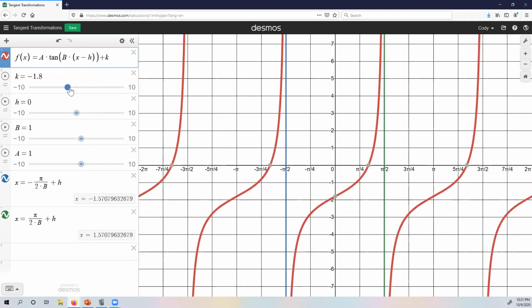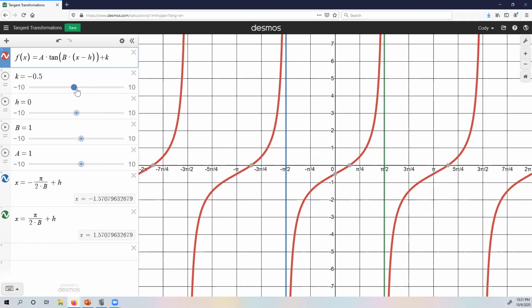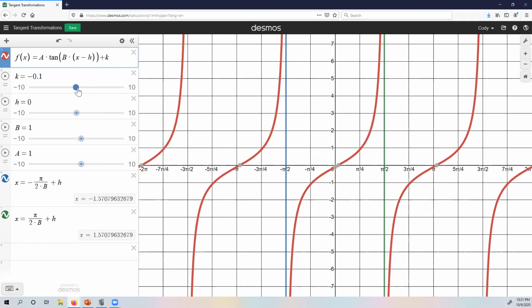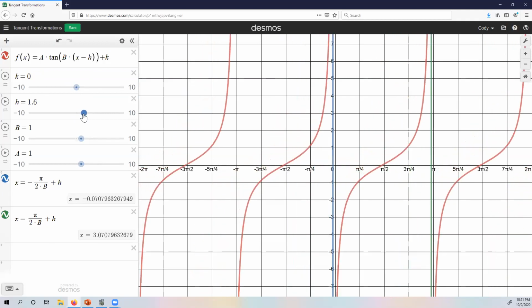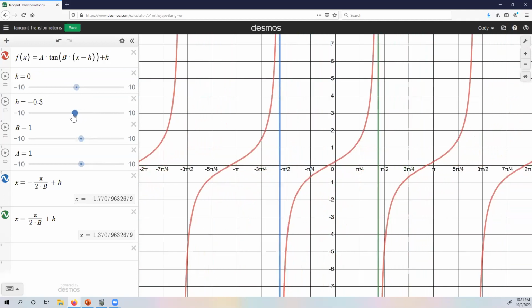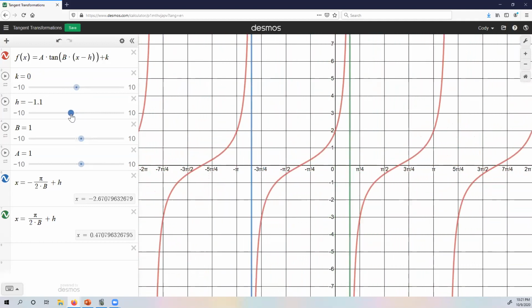With adding a value at the end, we know that that makes a vertical shift in the function. As I change the value for h here, as we talked about with sine and cosine, that was our horizontal or phase shift. It moves things left or right, and we should see that here we get the same thing. Right, so that shifts our function to the left or to the right.